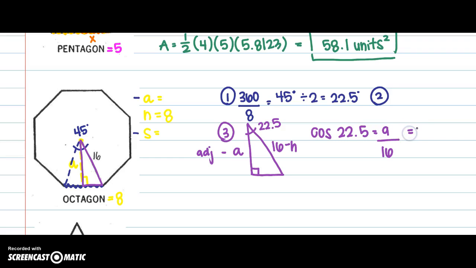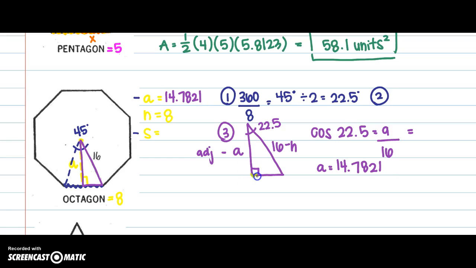So in my calculator, again, I'm solving for my apothem. 16 times the cosine of 22.5 gives me my apothem to be 14.7821. I'm going to move that up here so I know when I'm finished.